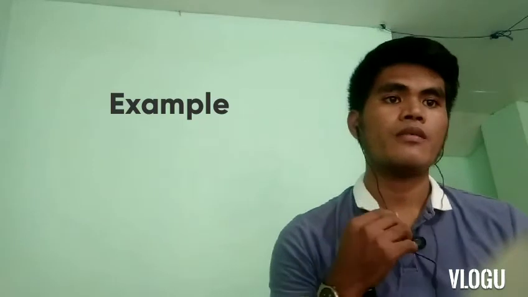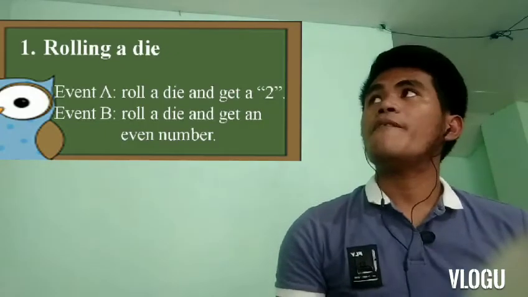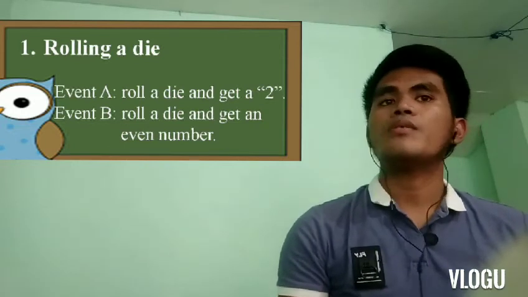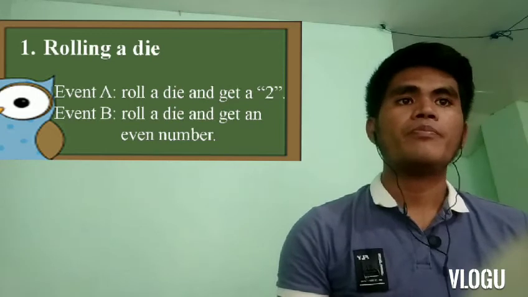Now, is it possible that the two events both happen at the same time? Yes, there are events that both happen at the same time. For example, rolling a die. Event A, roll a die and get 2. Event B, roll a die and get an even number.